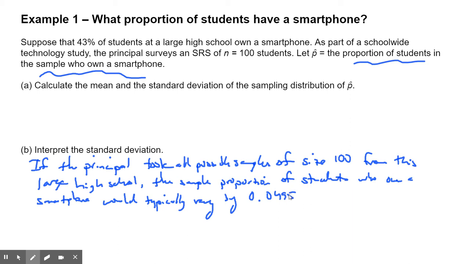There are no units because it's a proportion. From the, and now instead of saying mean, when we're talking about sampling distributions of sample proportions, it's how it varies from the true proportion of 0.43. And there we go. Okay, all right, so that's objective one. Objective two is coming.